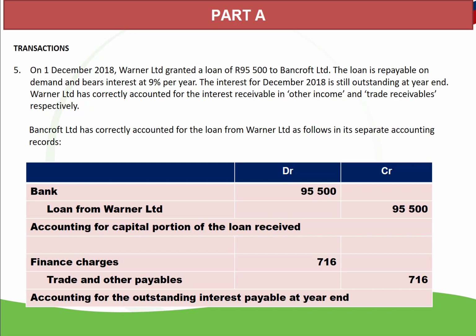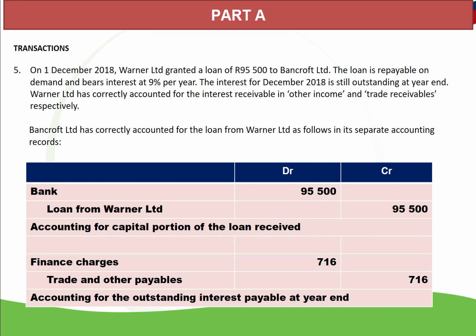Bancroft has correctly accounted for the loan from Warner as follows in its separate accounting records. Debit bank, credit loan from Warner Limited by $95,500. Debit finance charges, credit trade and other payables by $716.